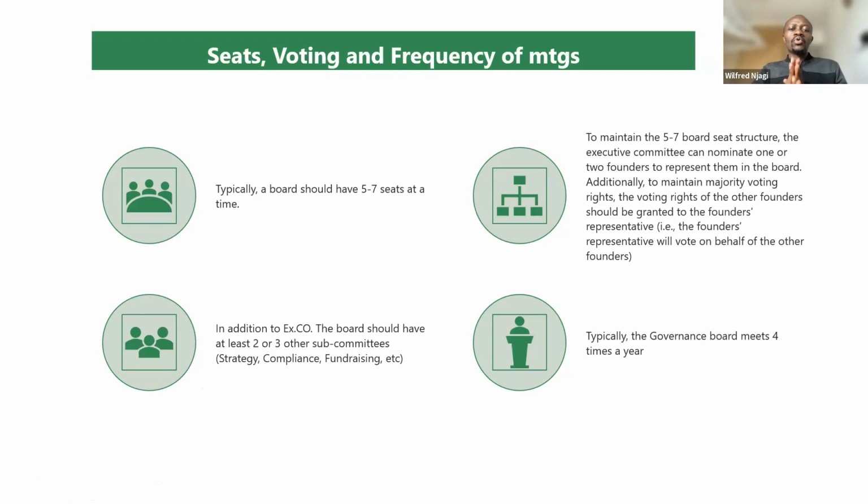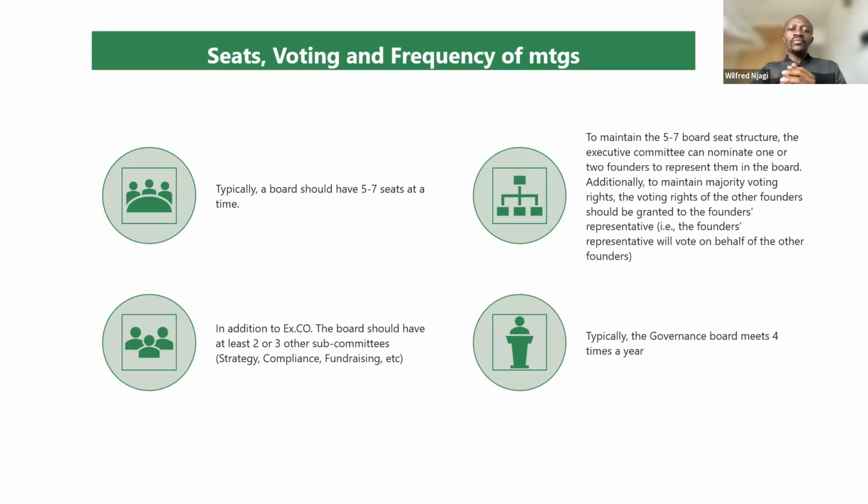So typically go for 5 to 7 seats at any particular time, right? Now, if you already have, let's say some companies already have 5 founders, right? So it means that if you get 2 more board directors, you're already at 7. How do you minimize that?